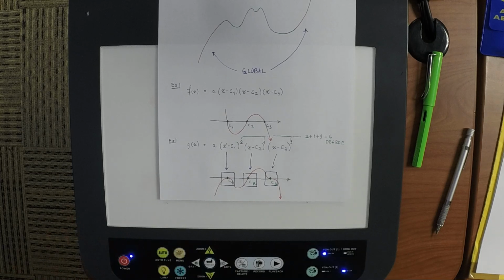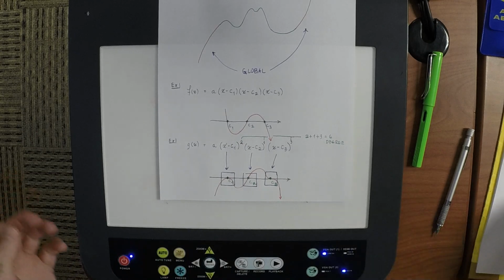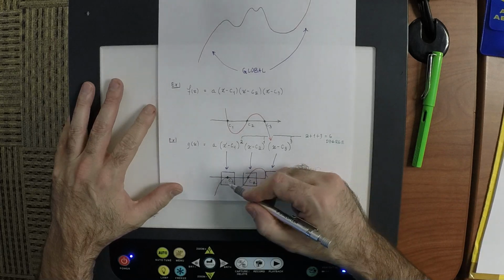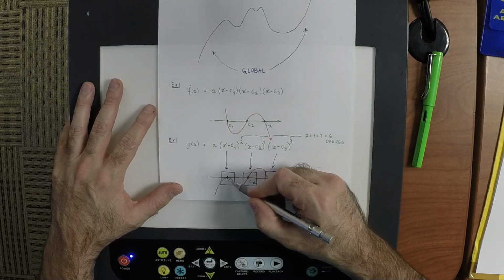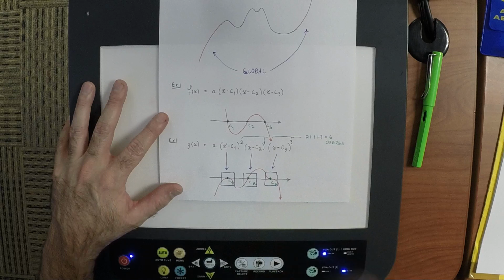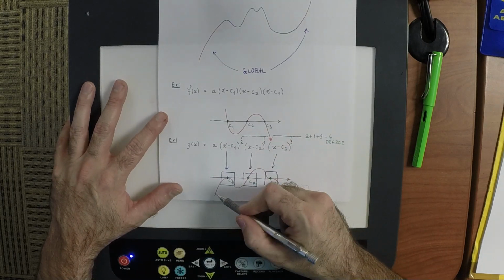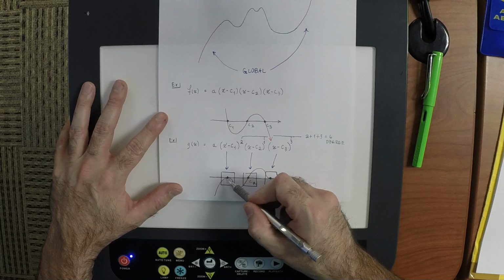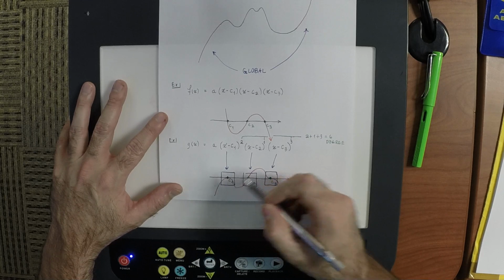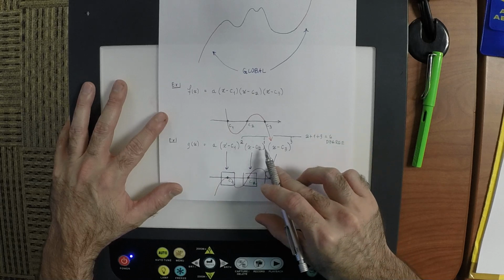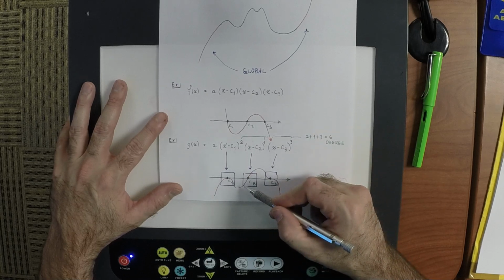One thing that I want you to be able to tell, even at a glance, is that when a factor has an exponent that's even, like 2, say, then you're going to end up on the same side of the axis. You're going to bounce off. Whereas when the exponent is odd, like 1 and 3, you're going to cross.